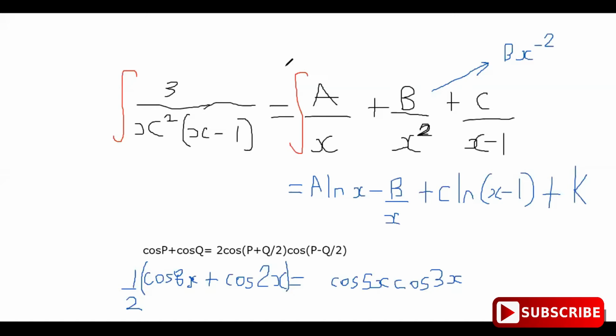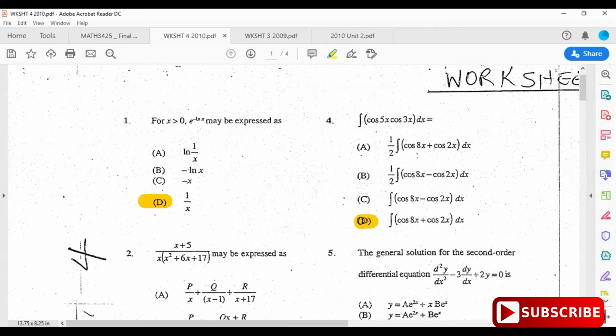When you integrate both sides, the integral of cosine 5x cosine 3x is equal to the integral of a half cosine 8x plus cosine 2x. And you look for which one that is. Here it is, D.